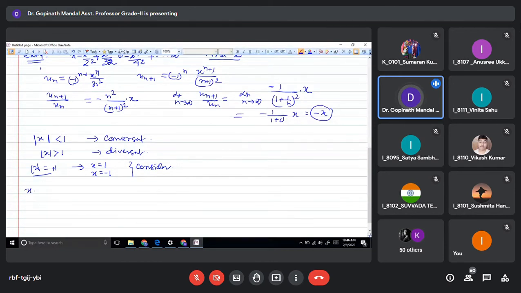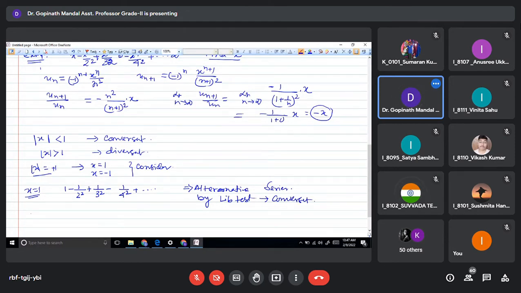When x equal to 1, the series is 1 minus 1 by 2 square plus 1 by 3 square minus 1 by 4 square. So this series is an alternating series, and by Leibniz test, this is convergent, right?